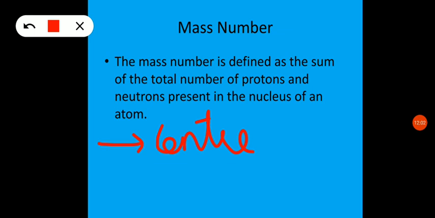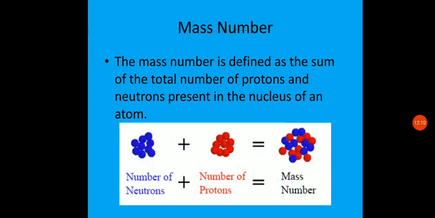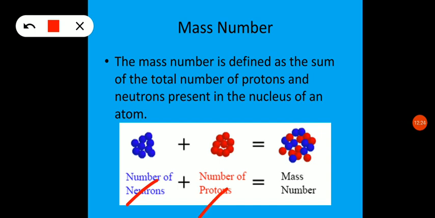So the mass number means the sum of the total number of protons and neutrons. That will give the mass number of an atom. Number of neutrons plus number of protons will give the mass number.